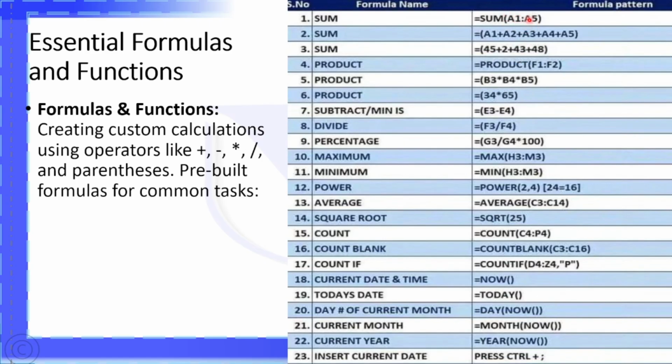Either you use the sum and you give the range of the cells, whereby the cell range is from A1 to A5. And also you can use the same sum, but this time you add by the cells. Or you add with numbers. It understands numbers, so it will add up.